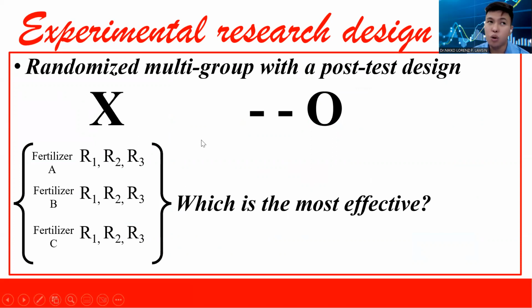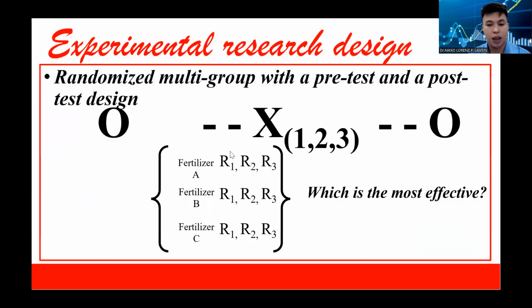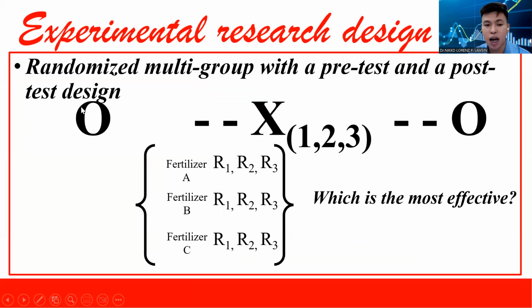If there are two groups, there are three groups, there are specific statistical tools that you can use to analyze your data. But at this point, I'd like to introduce only the research designs. Here, the difference is it has pre-tests, and yet there are three sets of data with three replicates each set.